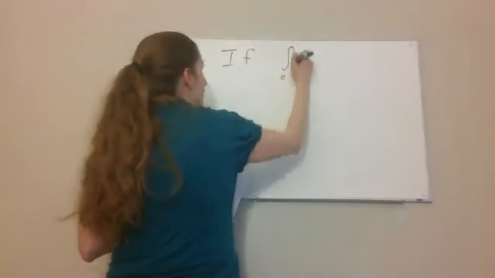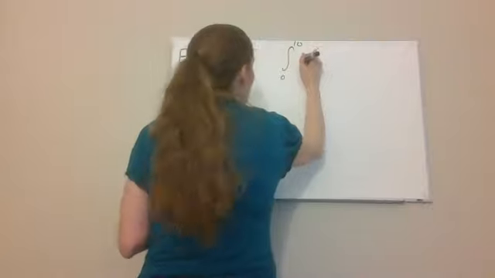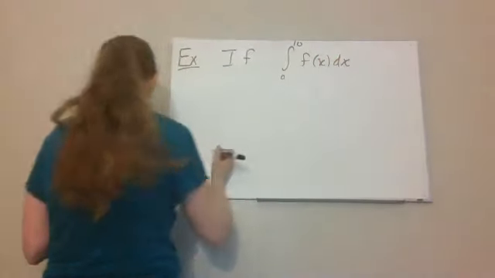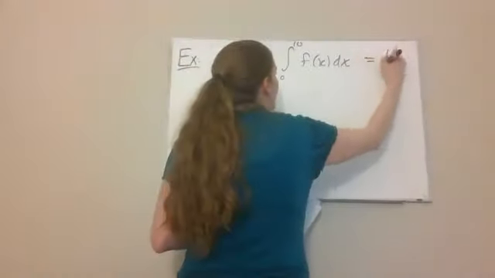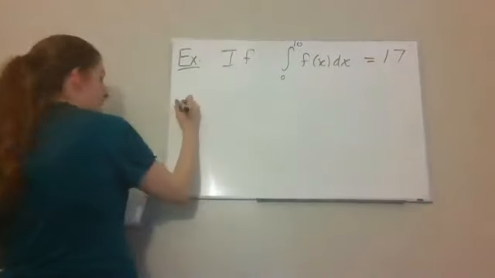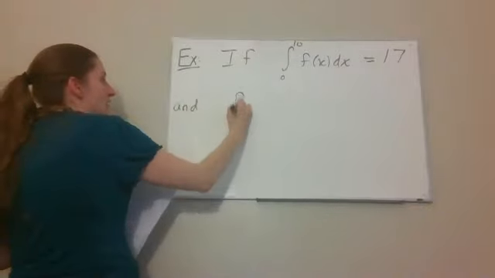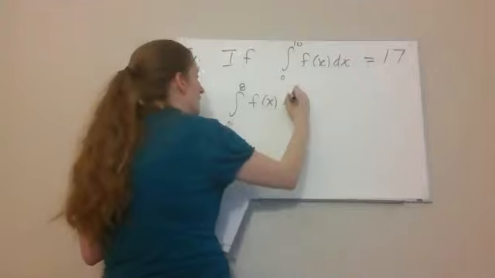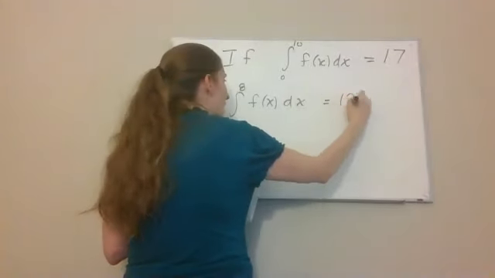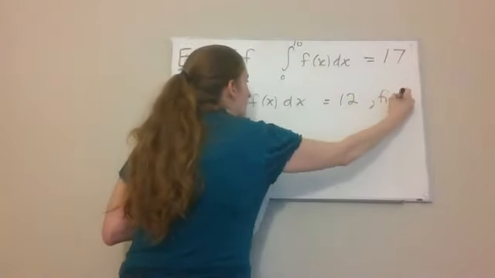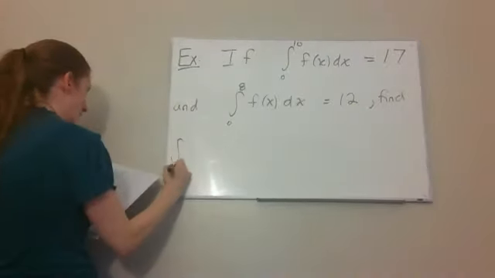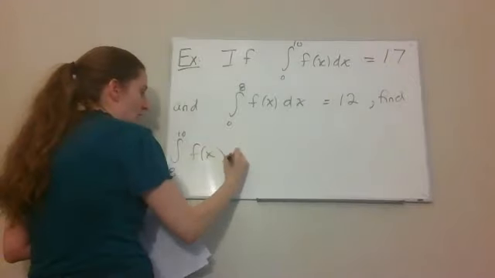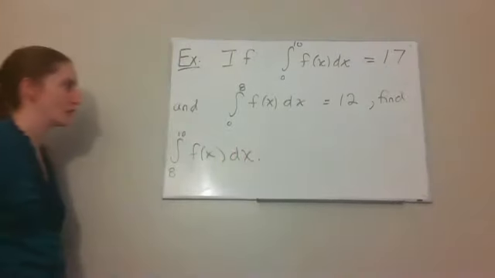If the integral from 0 to 10 of some function is equal to 17, and the integral from 0 to 8 of that same function is equal to 12, find the integral from 8 to 10 of that function.